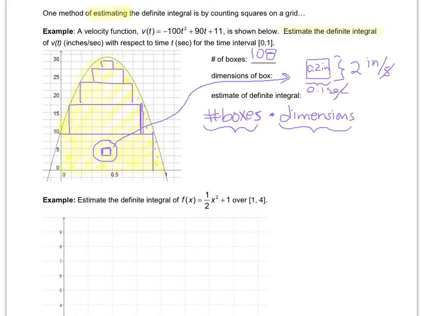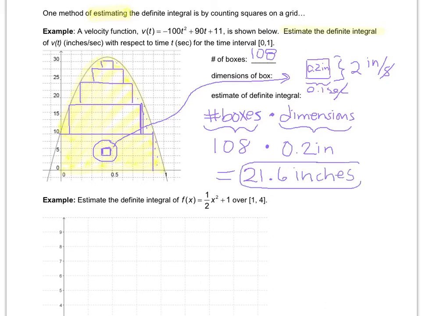I got 108 boxes that I counted, times the dimension of 0.2 inches, and that gives me 21.6 inches. So that is the definite integral for this function.